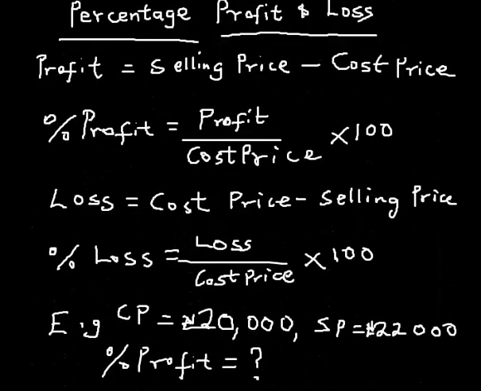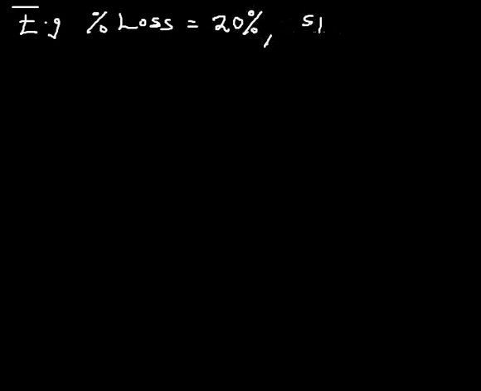All right, so let's look at another example. We are told that a man made a loss of 20% for selling a material at an amount of 5,000.